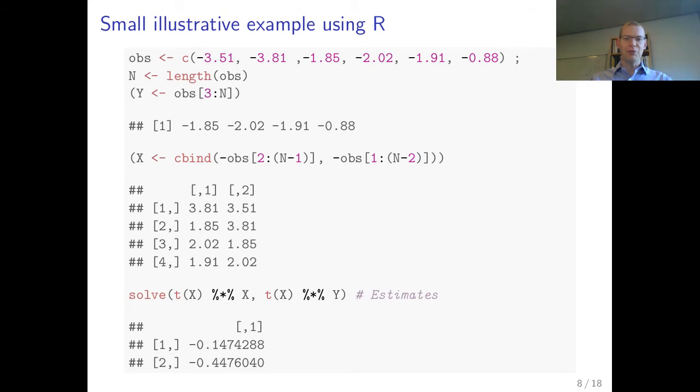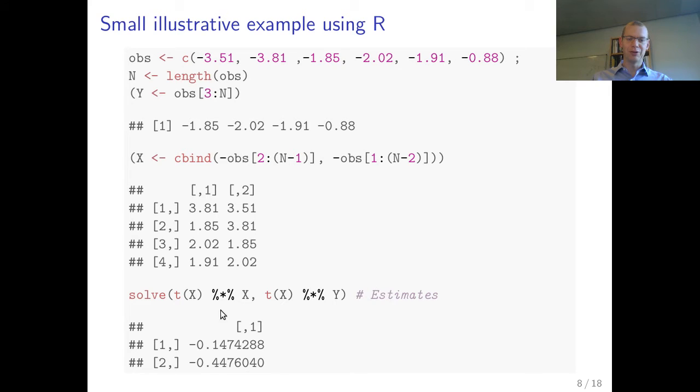As a very brief example, if we have some observations from a process where the length is 6, we take the last 4 observations here, define them as the observations, and then we combine, from the second to the n minus first and from the first to the n minus second observation, two columns to get this design matrix.